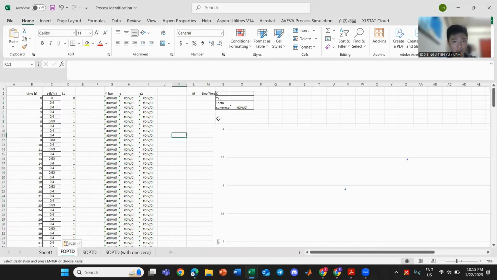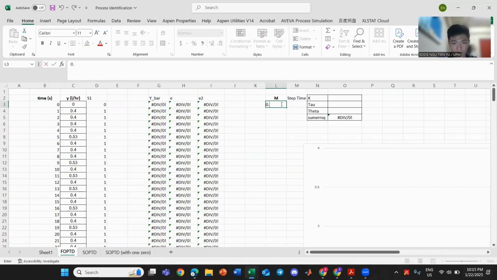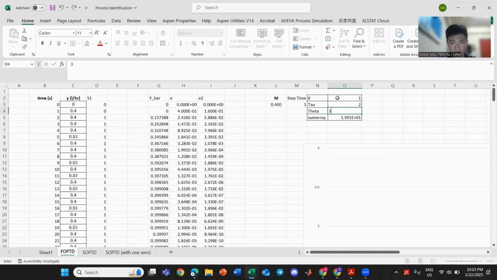Okay. So now we have to define the value of the step change as well as K, tau, and theta as the initial case. M we define as 0.4 because it is the maximum it reaches when it reaches the steady state. Step time we define as 1, 2, 2, and 3.